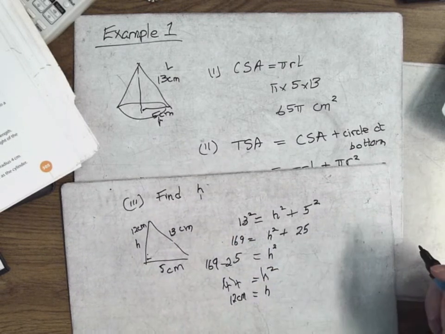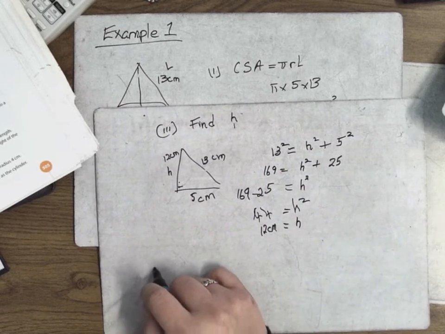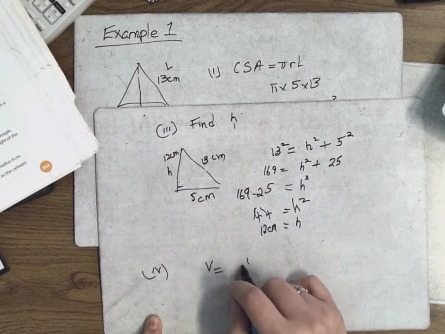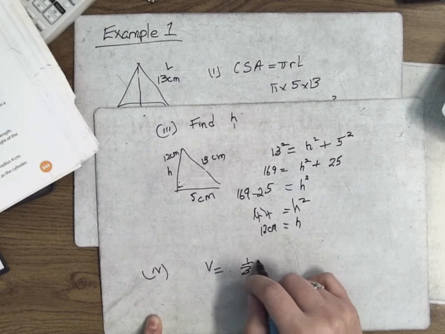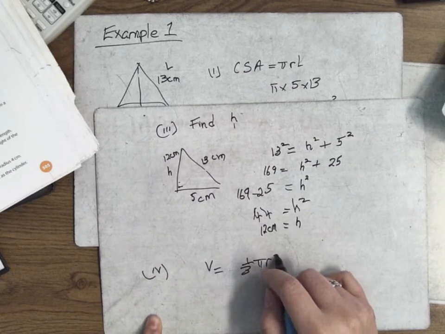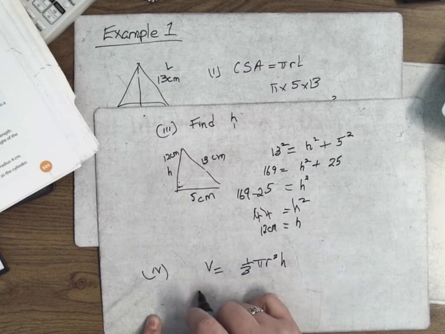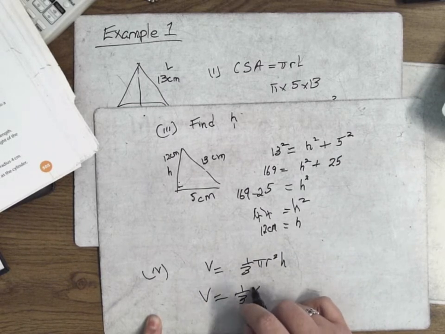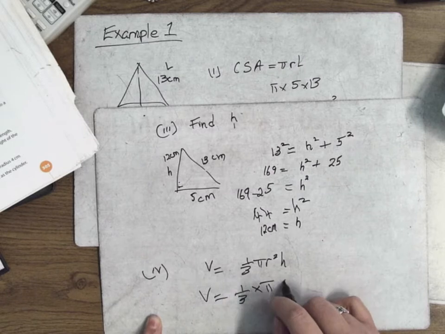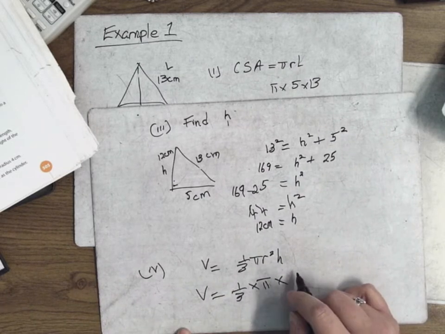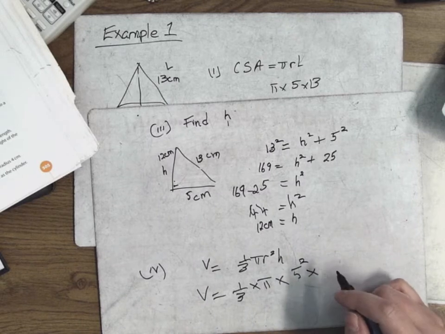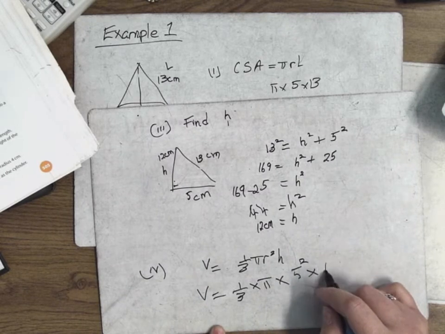And then part 4 of that last night said, find the volume of the cone. So the volume of a cone is 1/3 pi r squared h. So that means it's 1/3 multiplied by pi, multiplied by the radius of the cone, which is 5 squared, multiplied by the perpendicular height, which is what you just calculated, which is 12.